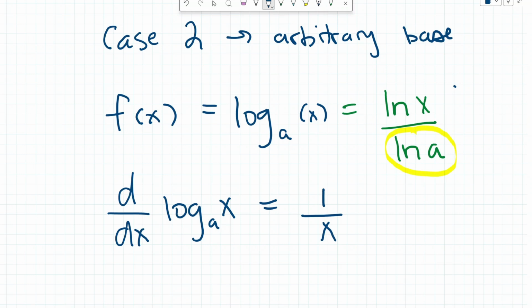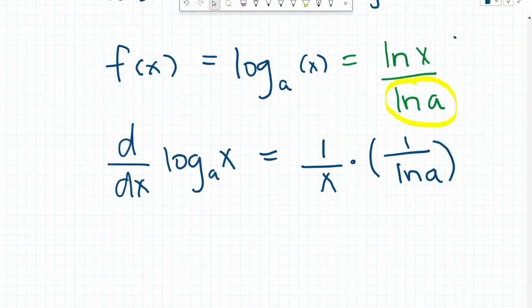So what do we do with constants? We multiply them with our derivative. So we just have 1 over x multiplied by 1 over ln a. So that's it.